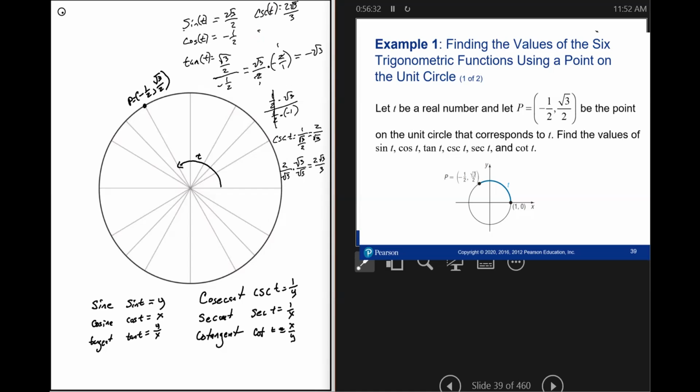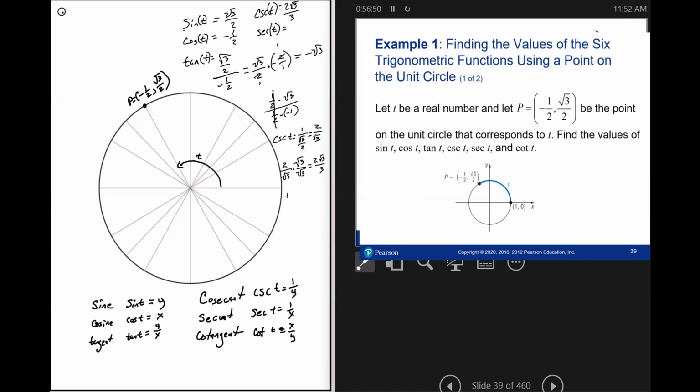And now we want to find the secant of t. Well, the secant of t is the reciprocal of negative 1/2.